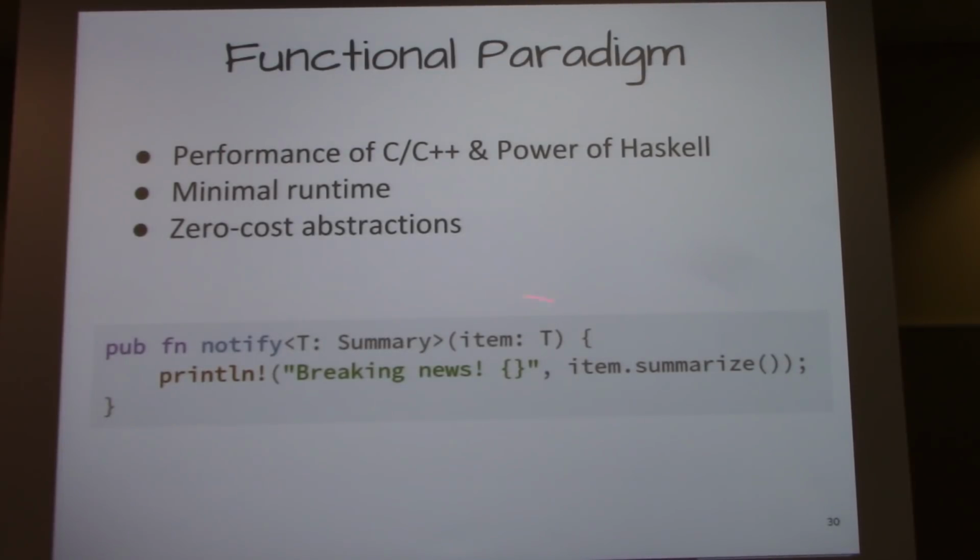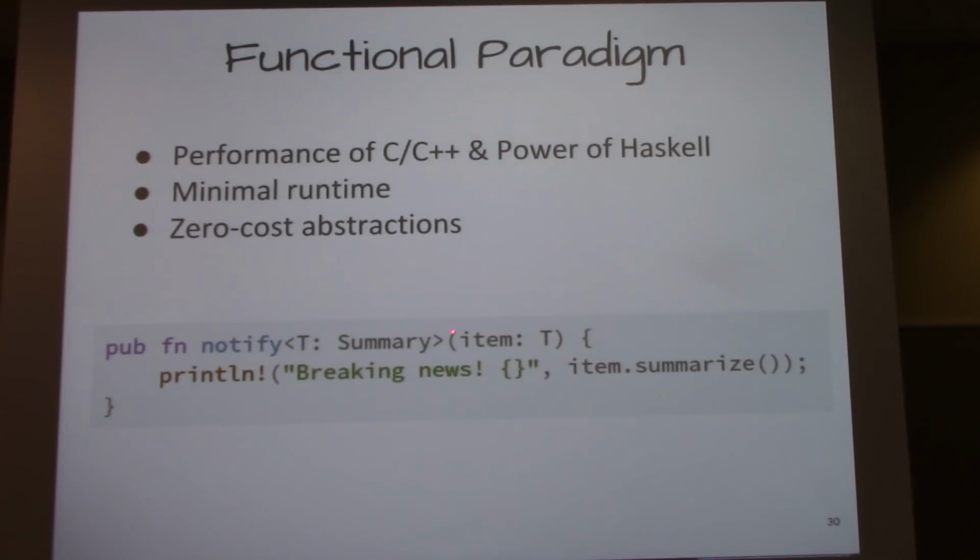And this is one example of a functional feature that I've seen in Haskell, which is called type classes in Haskell and called traits in Rust, right? So what's happening is this function has a generic parameter T, which you might have seen in Java or C++, right?